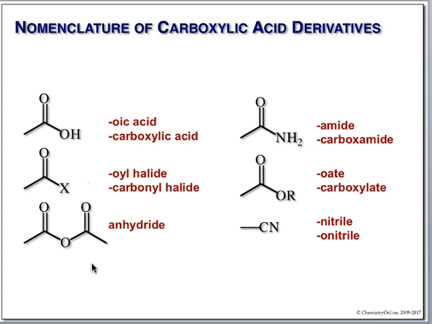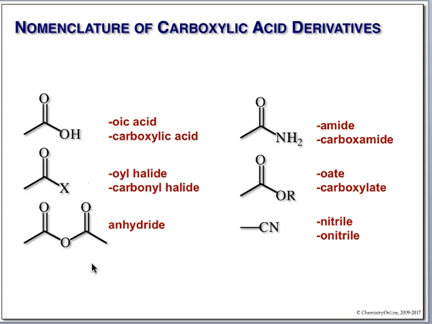We did carboxylic acids. We said that a carboxylic acid was an oic acid with the chain attached in front. And if this was attached to a ring or was a substituent on somebody else's chain, we would just add carboxylic acid to the name. Well, if we have a halogen, we're going to do the same thing.